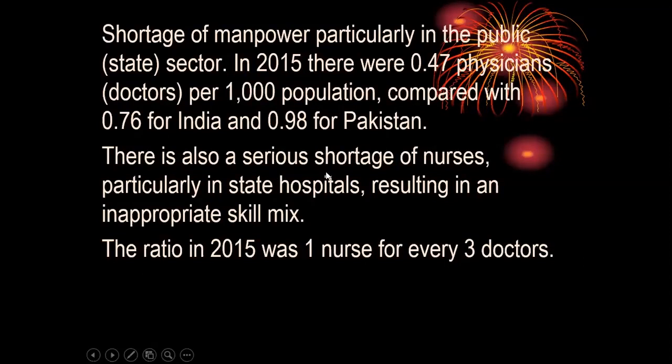There is also a serious shortage of nurses, particularly in state hospitals, meaning government hospitals, resulting in an inappropriate skill mix. The ratio in 2015 was 1 nurse for every 3 doctors. It is, sorry to say, not a good ratio.